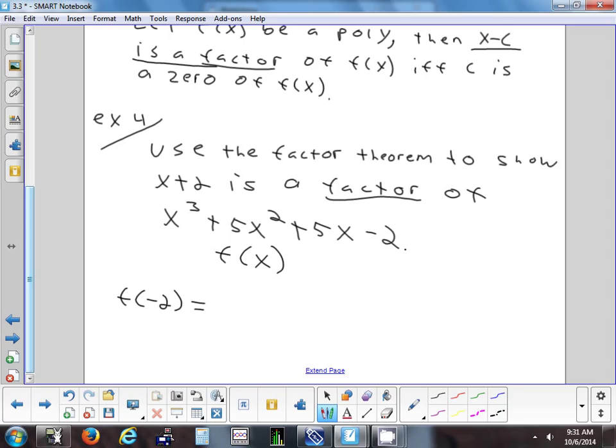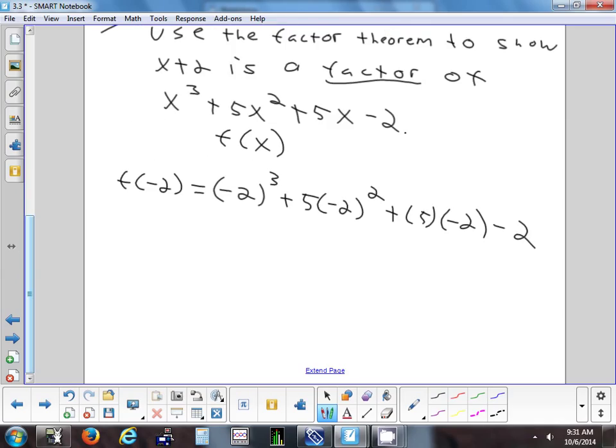If we get 0, then we proved that's a factor. Let's try it. So now we have negative 2 cubed plus 5 times negative 2 squared plus 5 times negative 2 minus 2. Let's see what we got. Negative 2 cubed is negative 8.